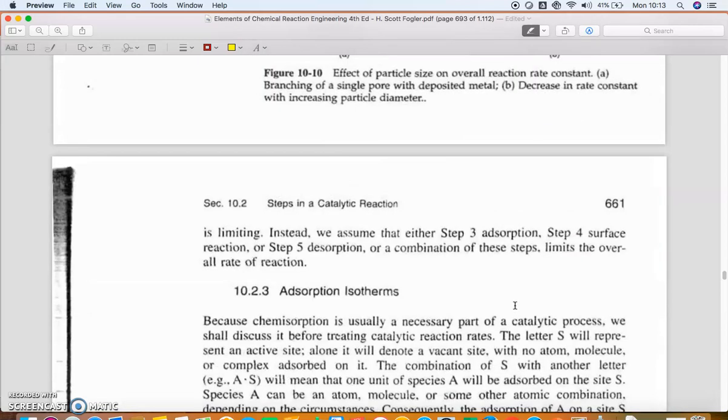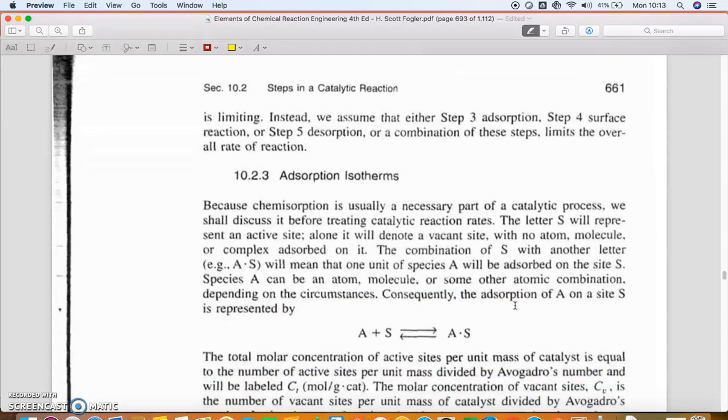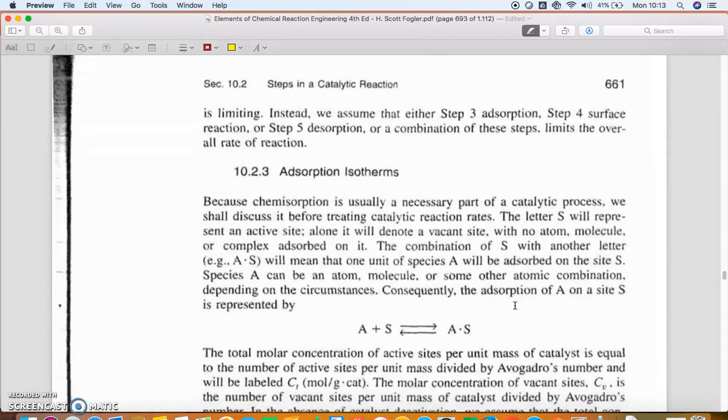So the next step is adsorption. Adsorption can be physical adsorption or chemisorption. In this case, normally we use chemisorption. Here, this is the reactant A. This is what happens in step 4.